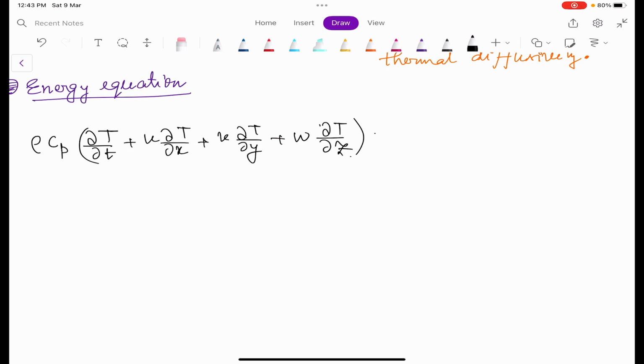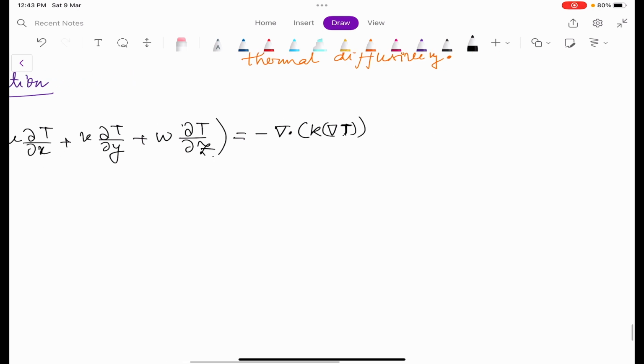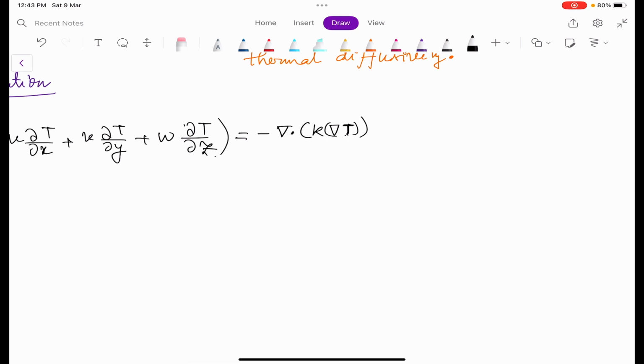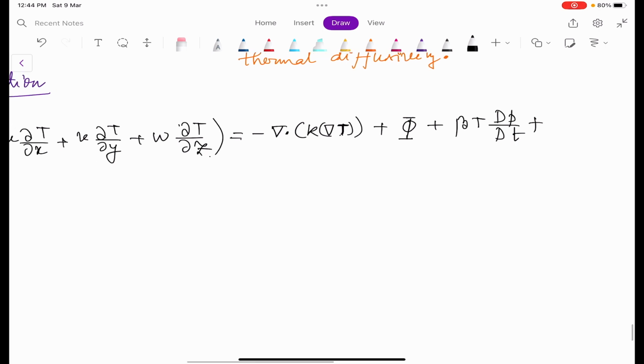That will be equal to the divergence of k into grad T, and then we will have the viscous dissipation term, and then beta T dp/dt, and another term that is heat generation.